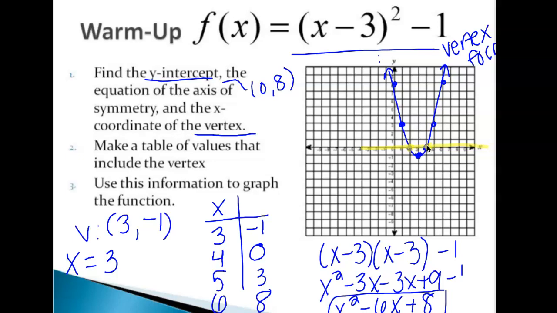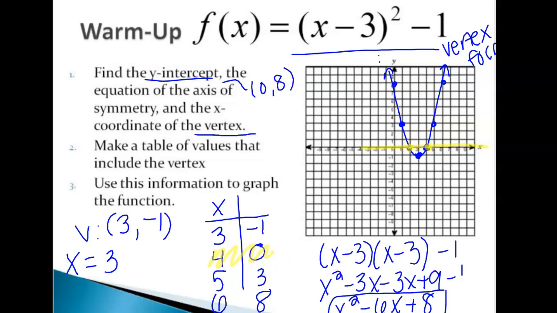So you see one graphing and you see one solving for y equals 0. In this case, (2, 0) and (4, 0) are our roots. So anytime y is 0, that's our roots.